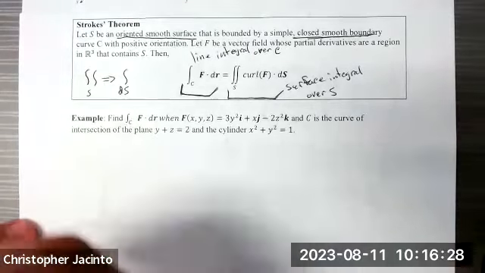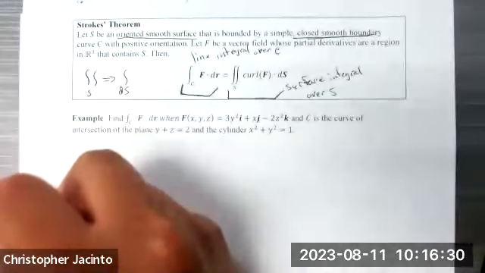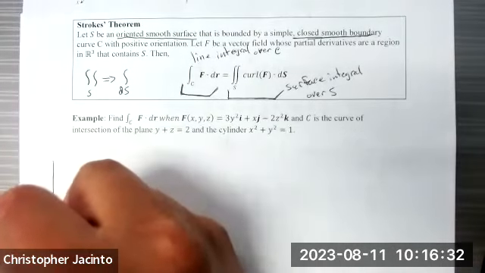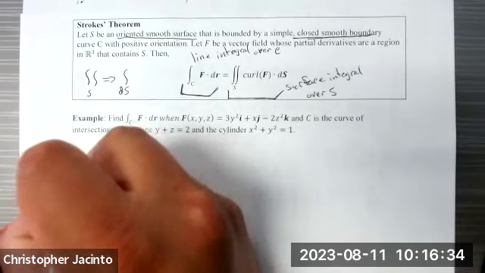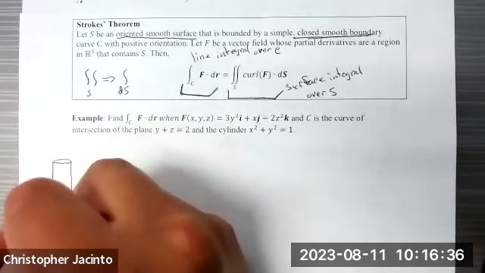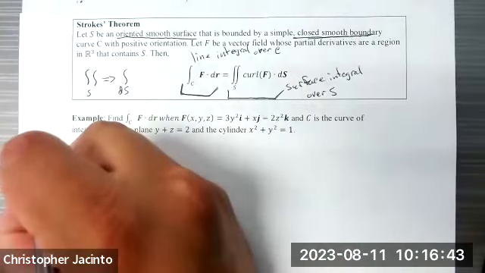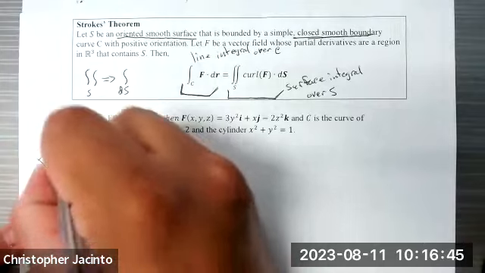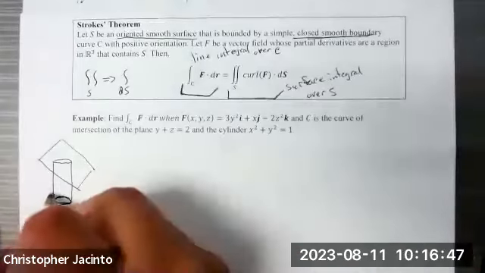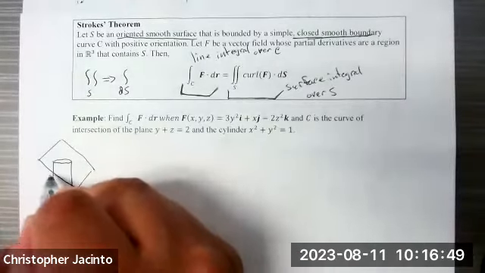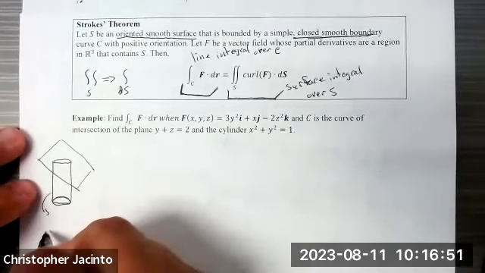Okay, now this actually is not that bad to graph. Since we have a cylinder, it's not too bad to graph itself. Let's suppose we have a cylinder and we have a plane. So let's say this is our plane here. So it cuts it, and right where it cuts it, it's going to be a circle.